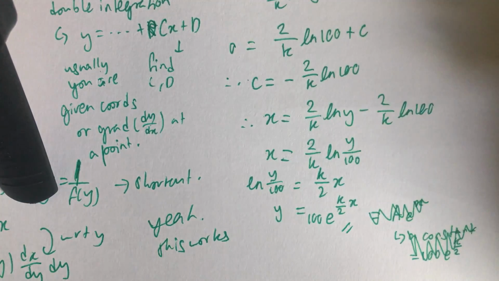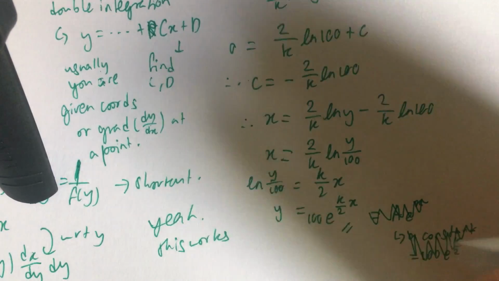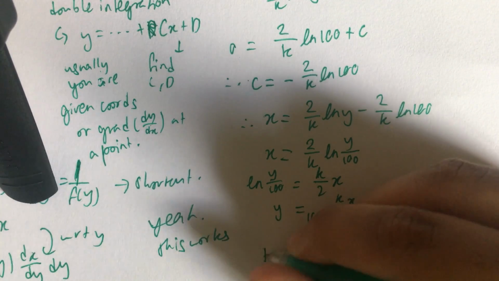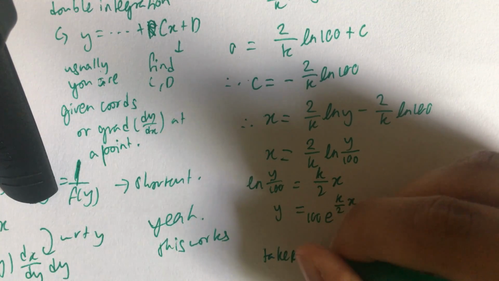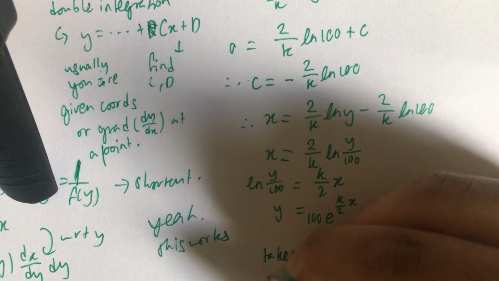Of course, if you have certain conditions that you need to take note of, such as whether the constant is positive or negative, you can then find out whether the constants are of a particular value or not.